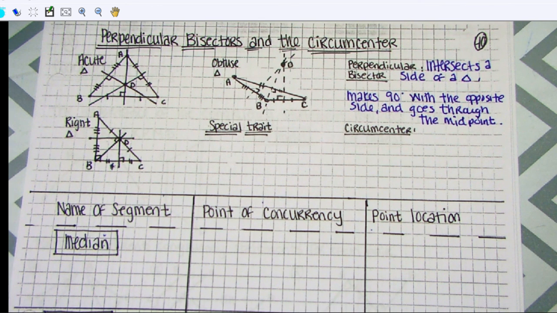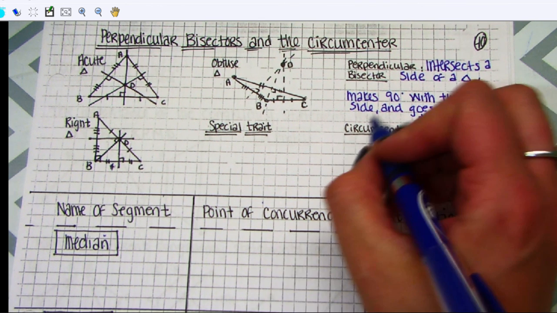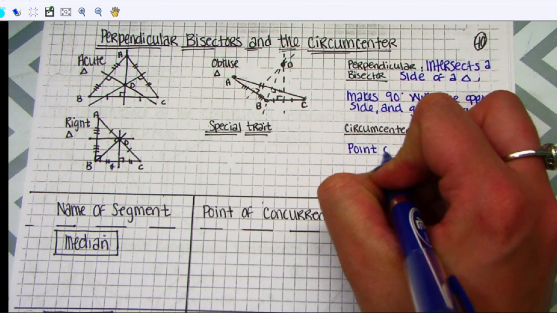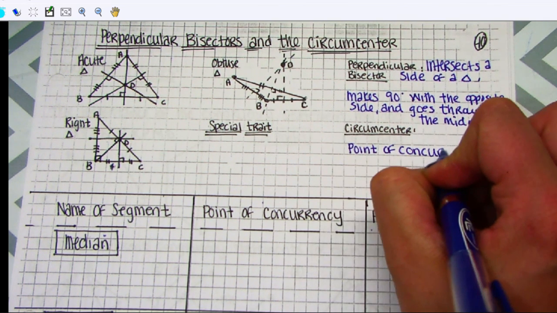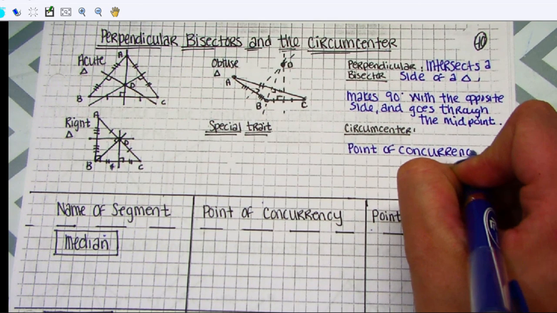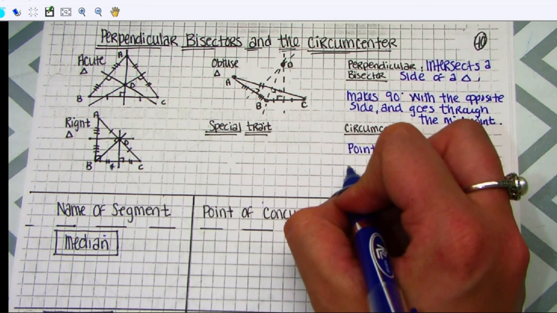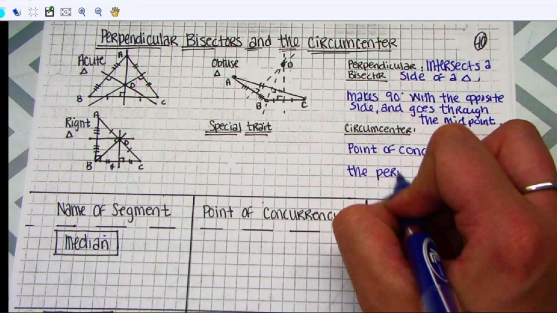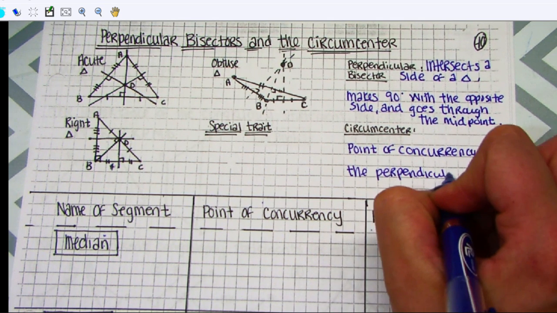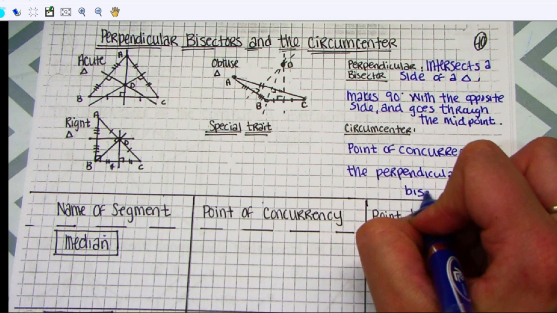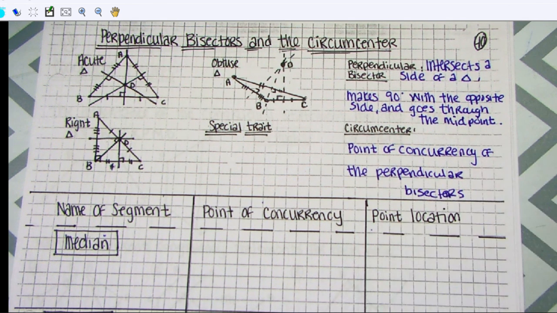So before we move to our pictures, the circumcenter is the point of concurrency of the perpendicular bisectors. Depending on the type of triangle, the location of the circumcenter moves around. Just depends on what kind of triangle it is.